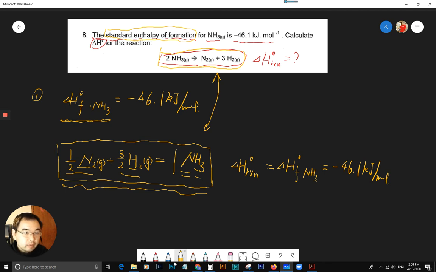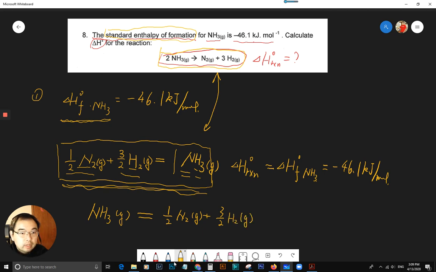First, we reverse the enthalpy of formation equation: 1/2 nitrogen gas plus 3/2 hydrogen gas on the right, ammonia gas on the left reversed, so that ammonia equals 1/2 nitrogen gas plus 3/2 hydrogen gas.